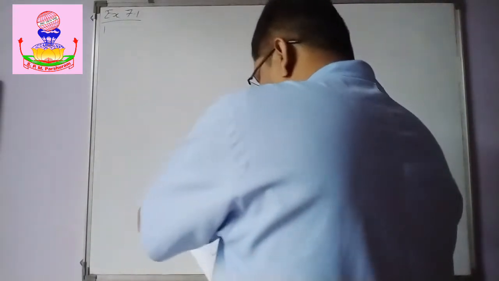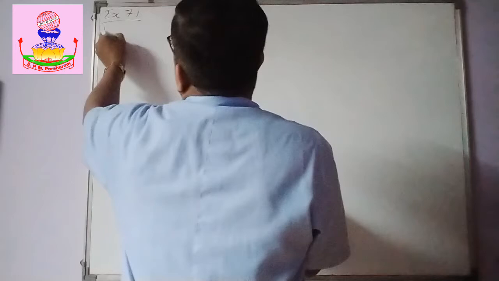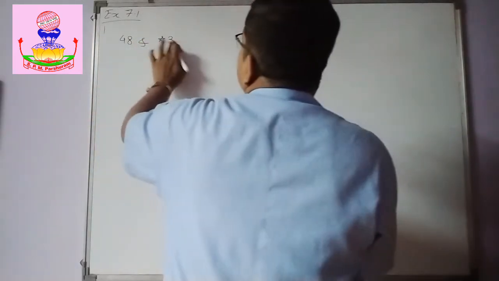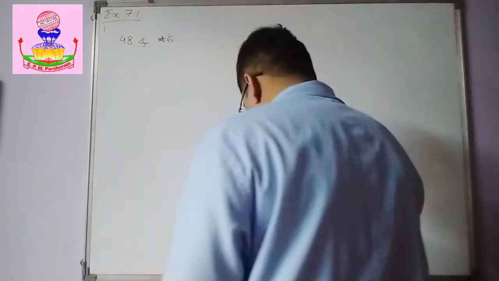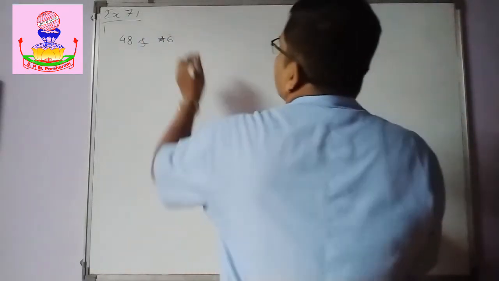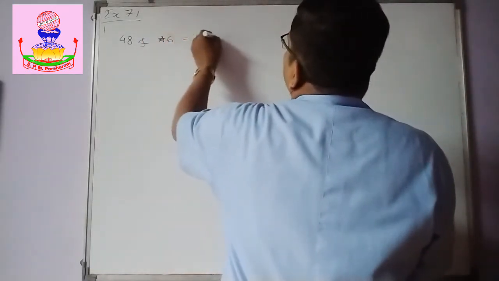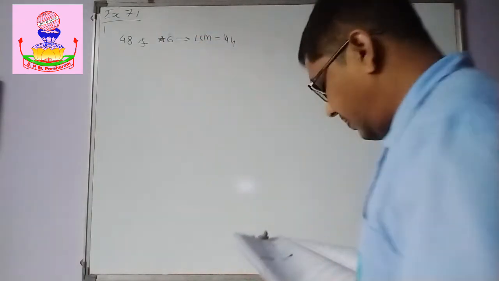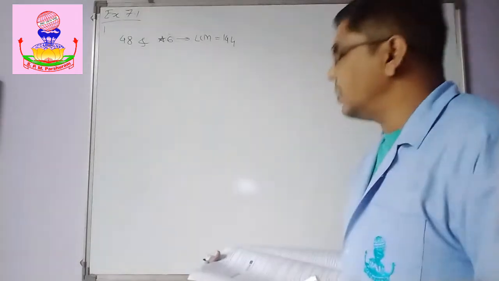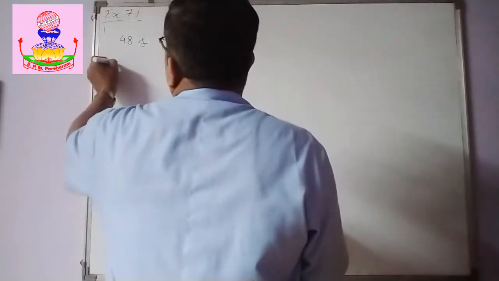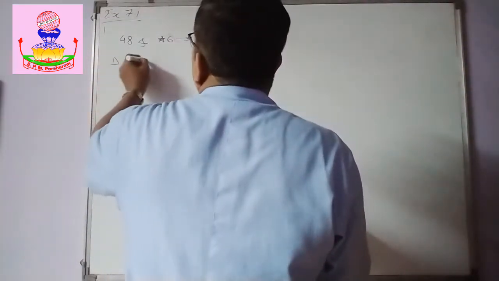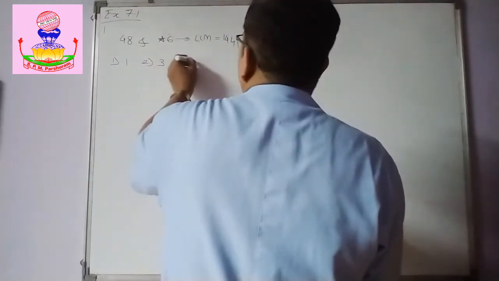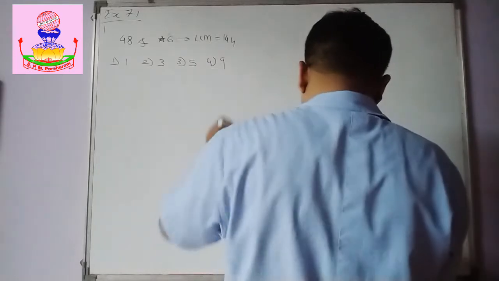Now what did it say? The LCM of 48 and star 6 is 144, and you have to find which number should replace the star. The options are: first 1, second 3, third 5, and fourth 9.